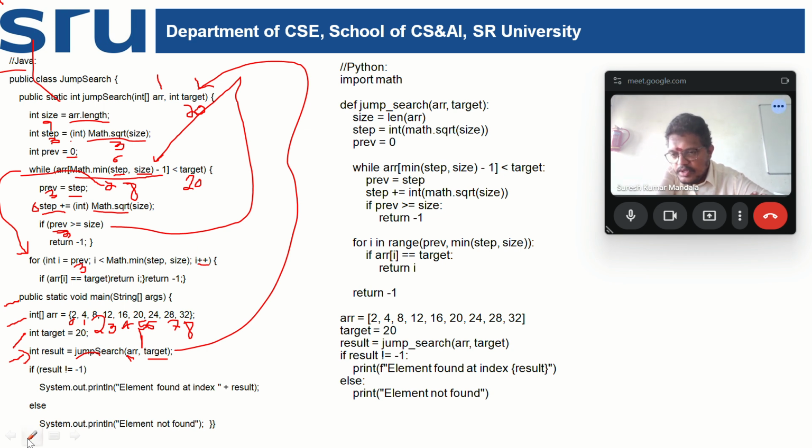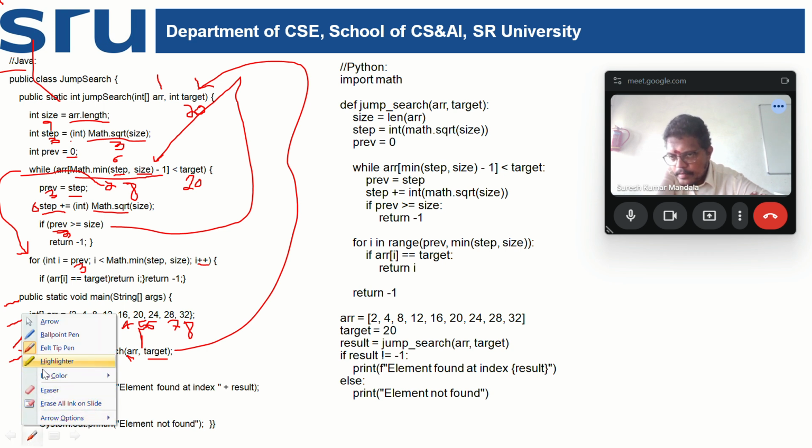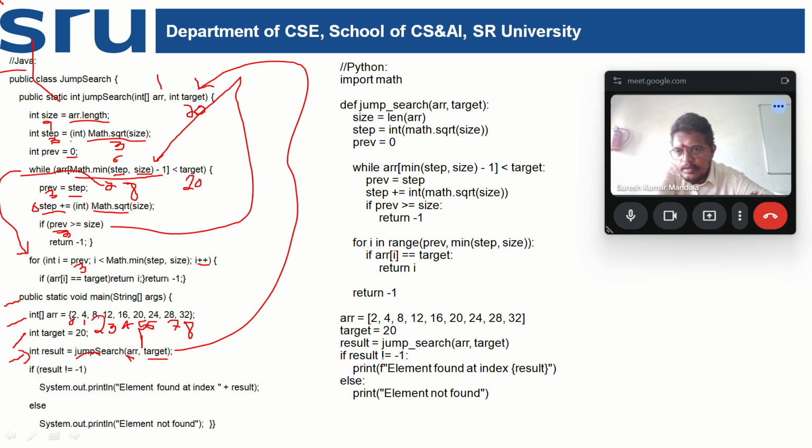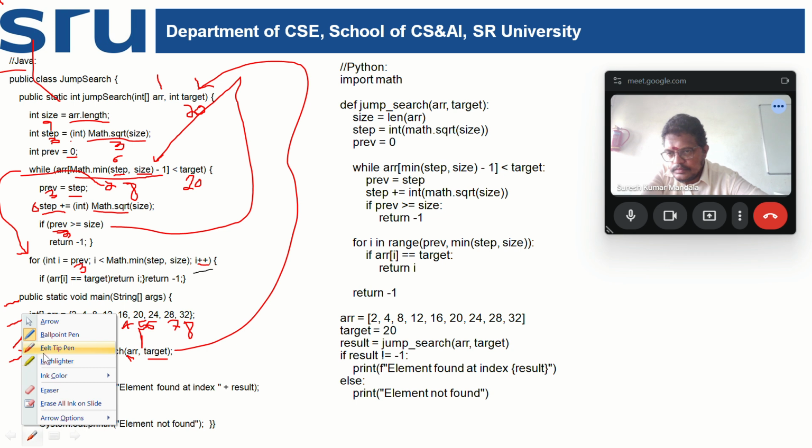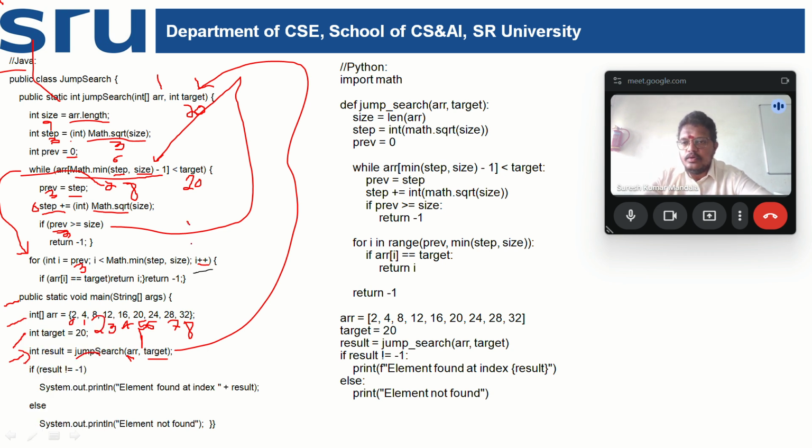Now i value becomes 5. 5 less than 6, condition is true. arr[5].